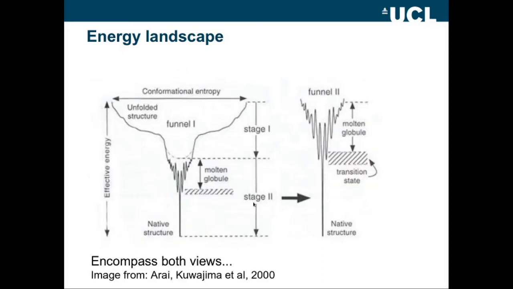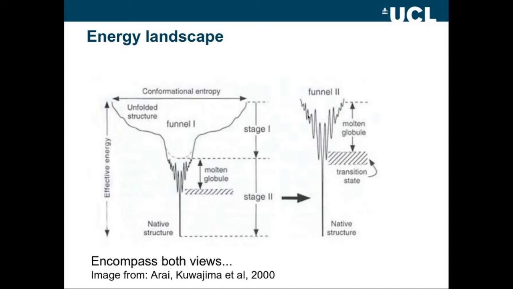Now this alternative view actually encompasses both possibilities. So if our folding entropy reduces to being quite low during an early stage, in other words, we're getting some sort of partial folding, then we go through a stage in which we have a very, very rough surface of lots of trapped intermediates, and essentially we can't avoid that.